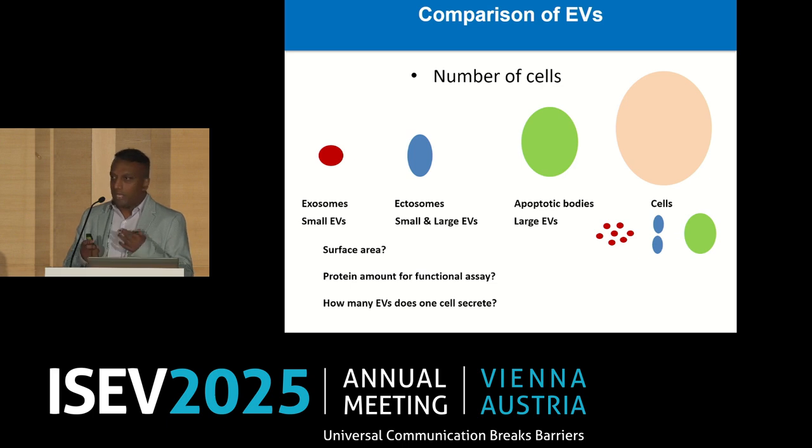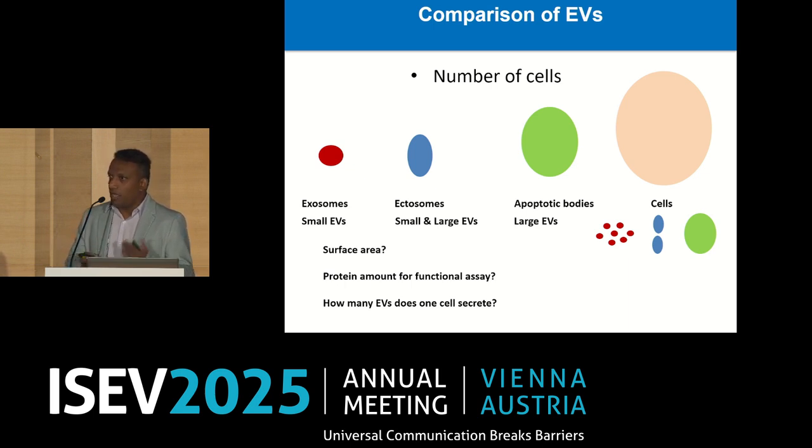So you need to take this into account when you're analyzing any of your data, and also take into account the surface area when you're doing functional analysis. For example, if you're doing a functional analysis on small EVs and you're putting in 10 micrograms of protein, and then you're doing the same thing for large EVs, that is probably not the right way to do it, because you are probably looking at one large EV here versus 10 small EVs there.